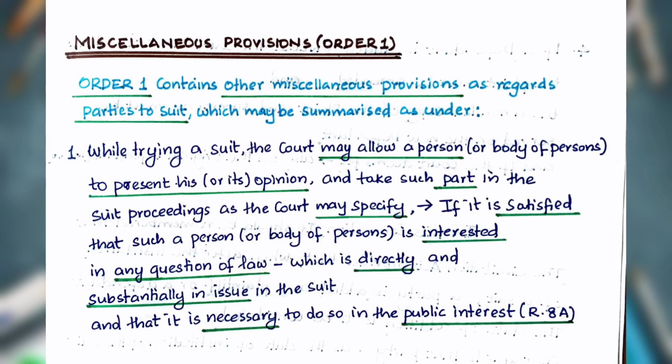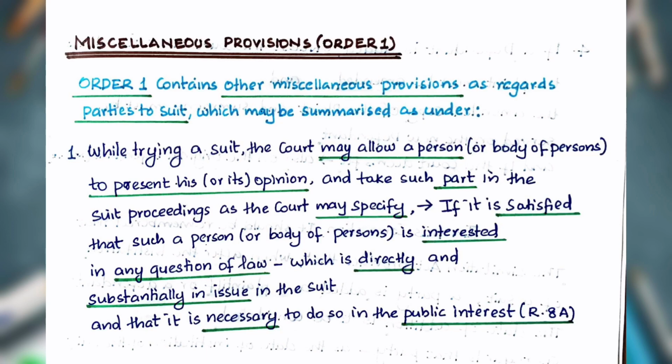While trying a suit, the court may allow a person or body of persons to present his or its opinion and take such part in the suit proceedings as the court may specify, if the court is satisfied that such a person or body of persons is interested in any question of law which is directly and substantially in issue in the suit, and that it is necessary to do so in the public interest, which has been provided under Rule 8A.